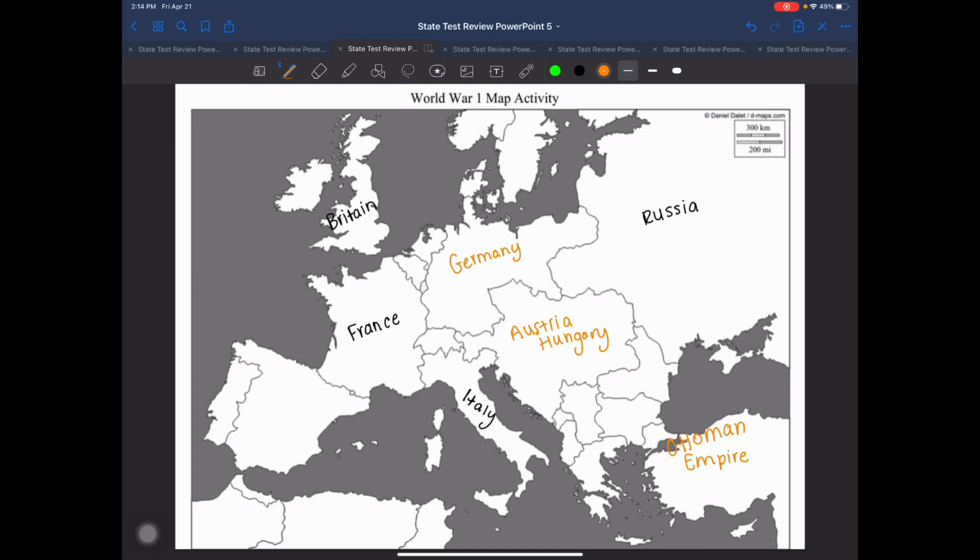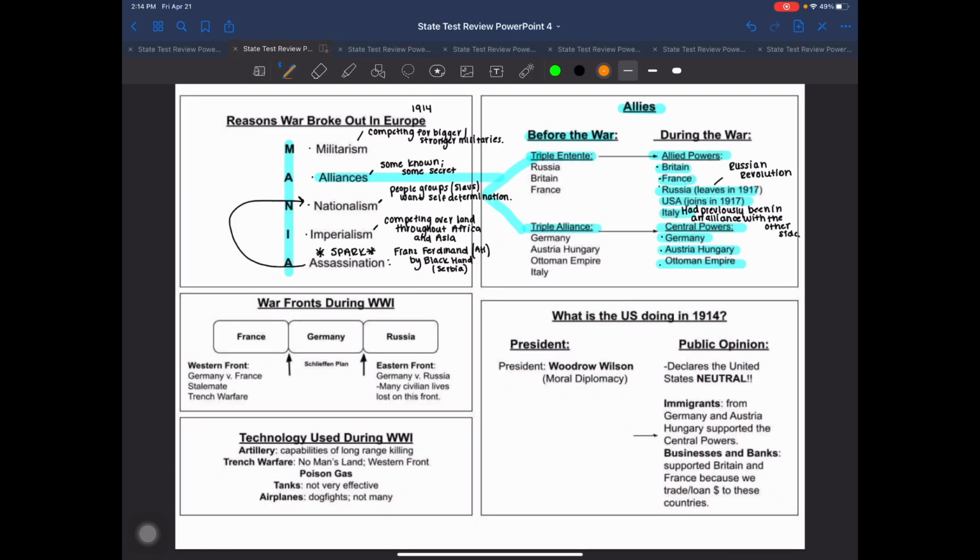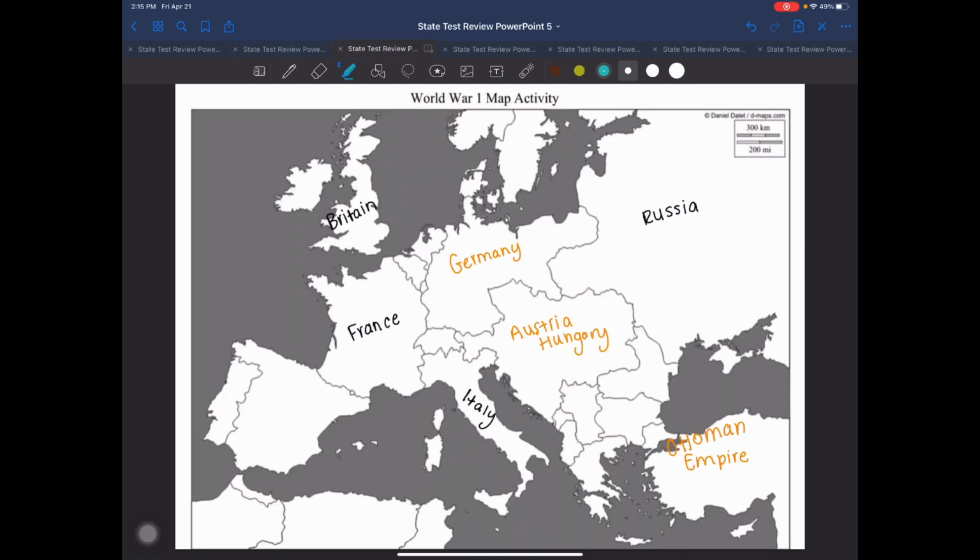All right. So let's jump back to the page we were just on. In this war, we have two main battle fronts. The war fronts we have are the Western Front, which is between Germany and France, and the Eastern Front, which is between Germany and Russia. Now, as far as Germany goes, and I'm going to flip to the next page, you don't have to, Germany geographically is at a disadvantage.